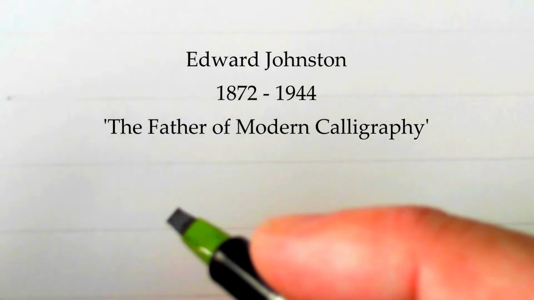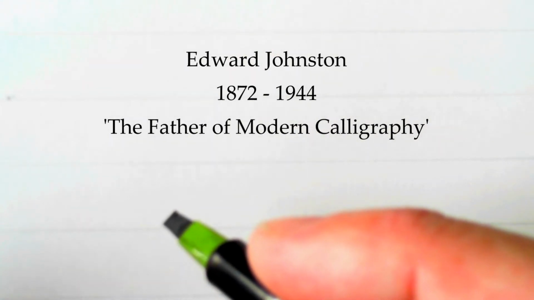Now, all alphabets have 2 letters that are of vital importance, and that is the letter I and the letter O. That's the mother and father of the alphabet as they're known. The I represents the straight letters and the O represents the curved letters.